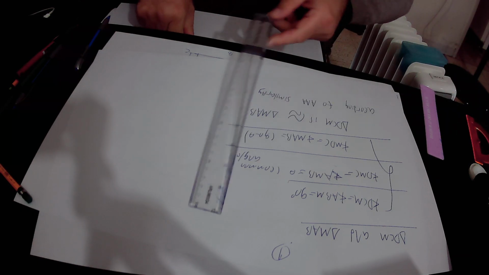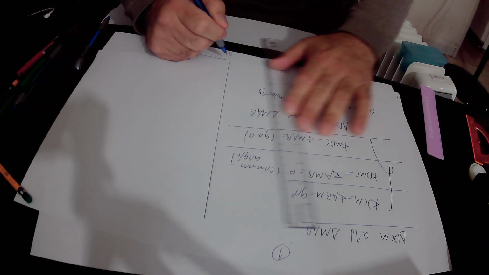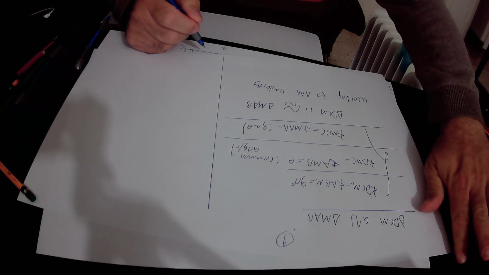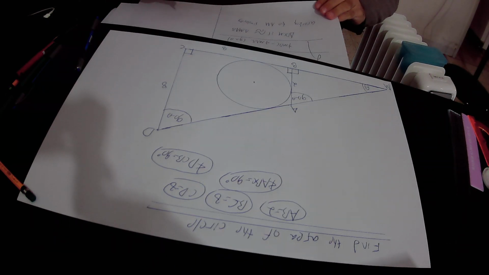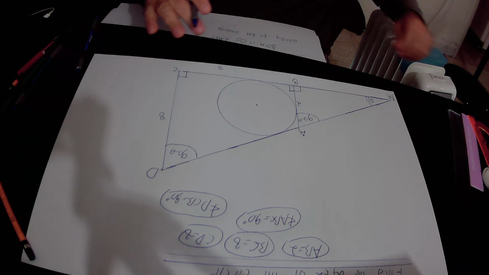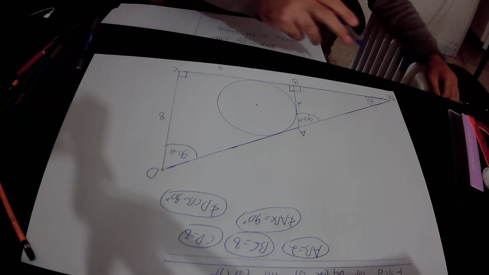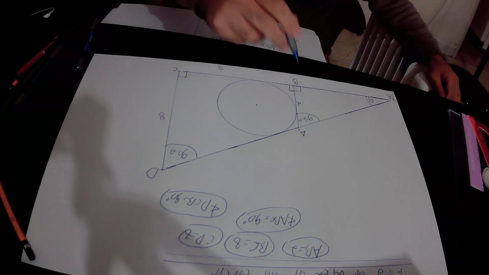And from the fact that the two right triangles are similar to each other, we conclude that the following relationship exists between their sides. We conclude that side MC in the big triangle over side MB in the small triangle equals side DC in the big triangle over side AB in the small triangle.